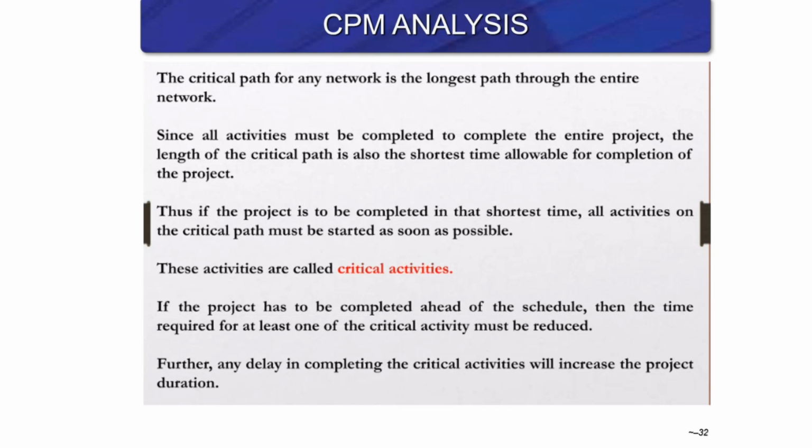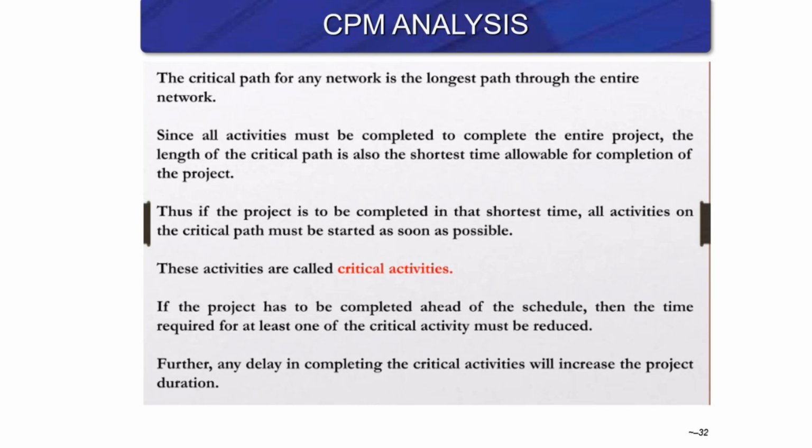So the key point doing CPM analysis of a network: since all activities must be completed to complete the whole project, the length of the critical path also needs to be the shortest allowable for completion of the project. So CPM finds the shortest one.